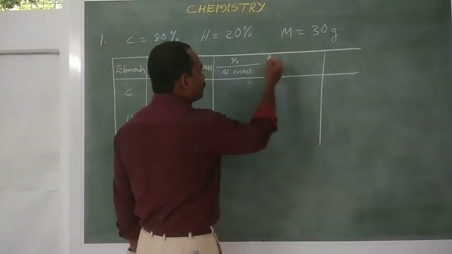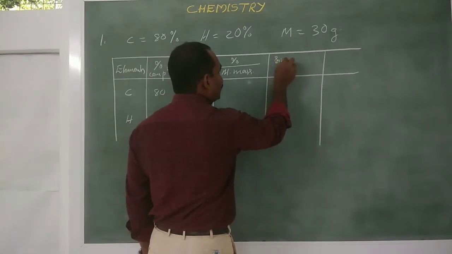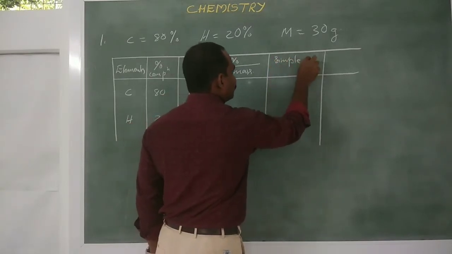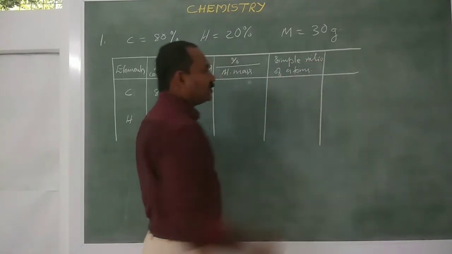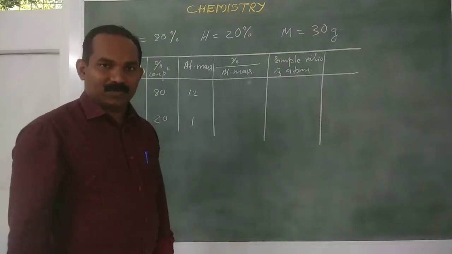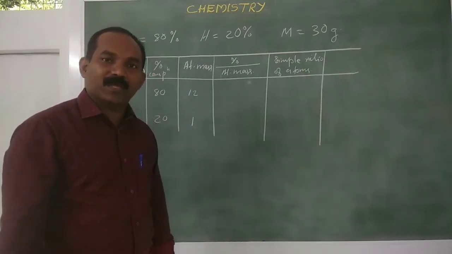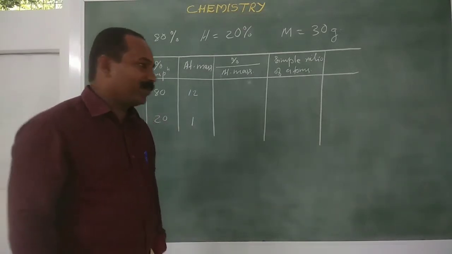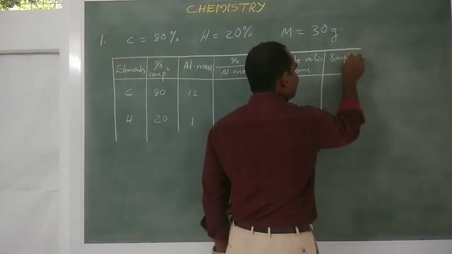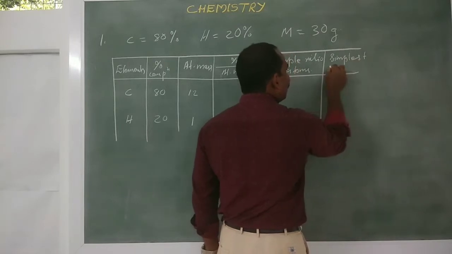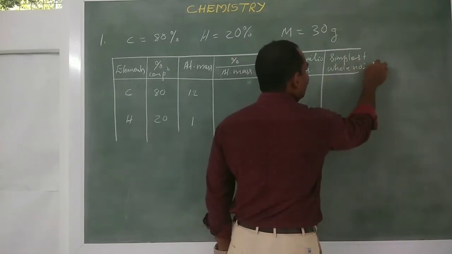The fifth column is simple ratio of atoms, or you can write simple atomic ratio. And the last column is simplest whole number ratio.